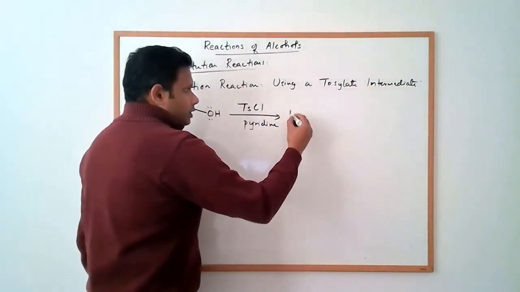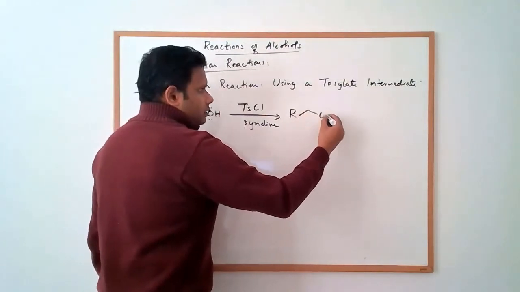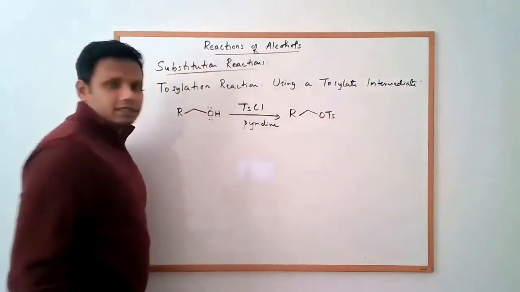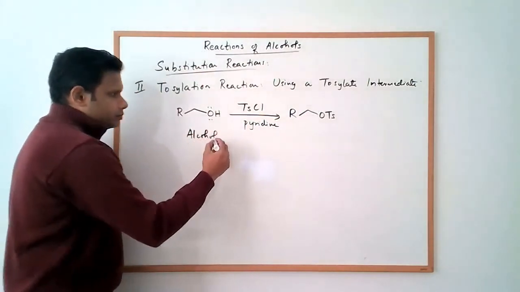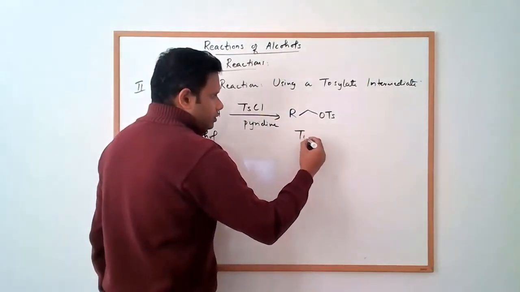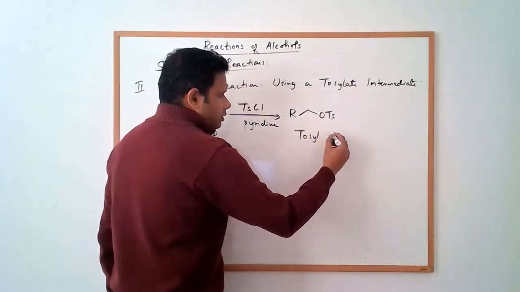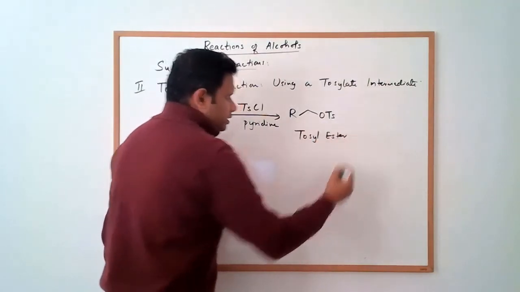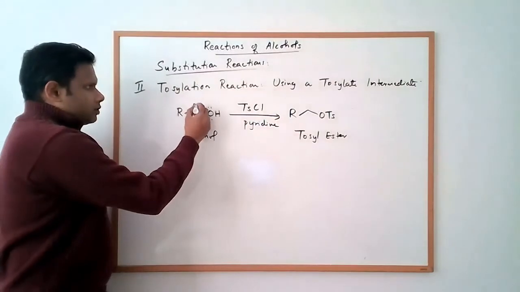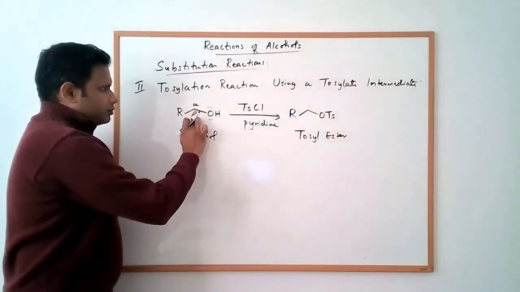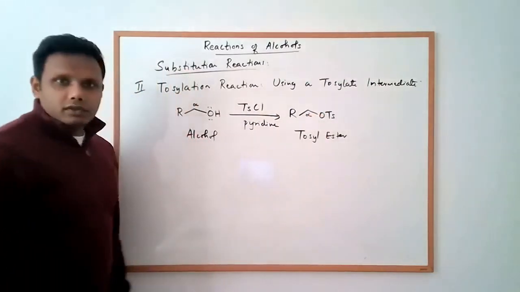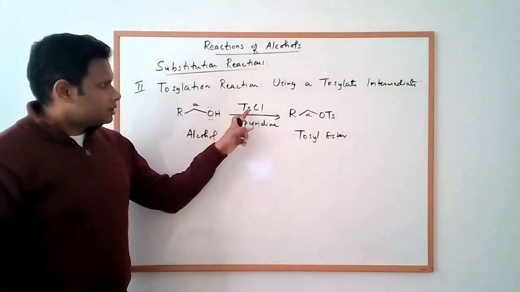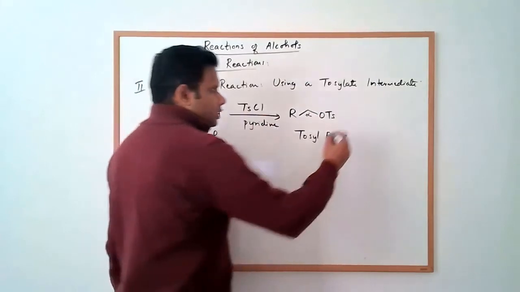When you do this, your alcohol is converted into the tosyl ester. So you start with the alcohol, you convert it into the tosyl ester. Here's your alpha carbon. So your oxygen stays, the Ts comes in, and you get the tosyl ester.